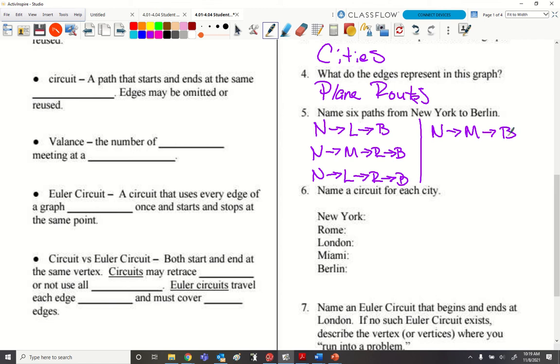That's an easy one. I want someone that hasn't said. Yes, go ahead. Miami, London, and then Berlin. Very good. And last, someone else. Go ahead, Ashley. New York, Miami, Berlin. Oh no, New York, Miami. No, good. There's another way to do it.